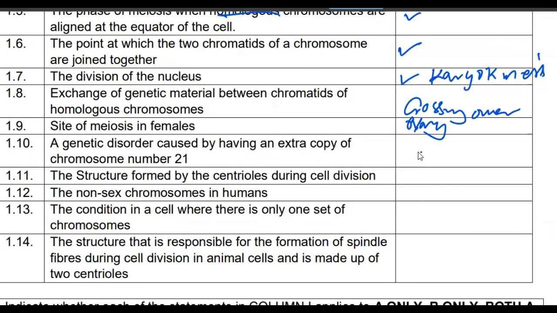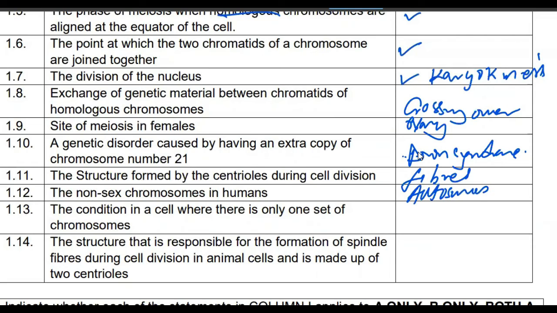And then they are saying the genetic disorder caused by an extra chromosome on chromosome number 21, that is Down's syndrome. The structure formed between the centrioles during cell division is spindle fibers. The non-sex chromosomes in humans, we call them autosomes.